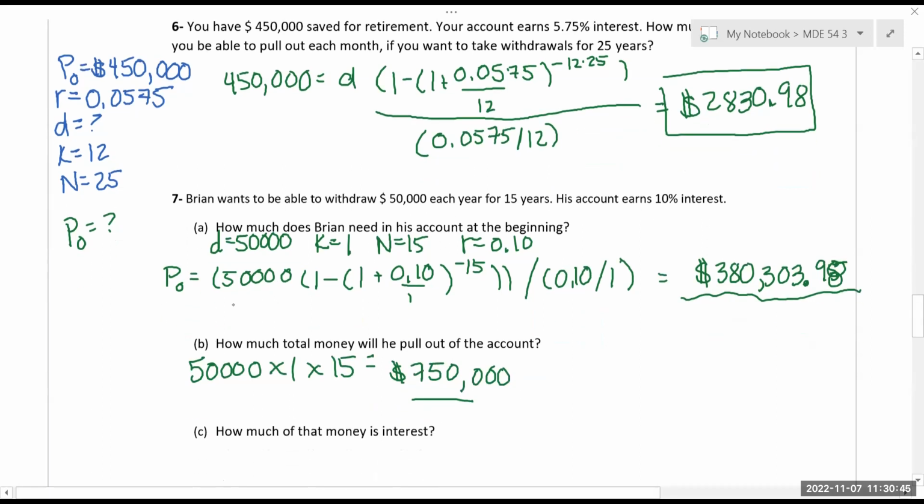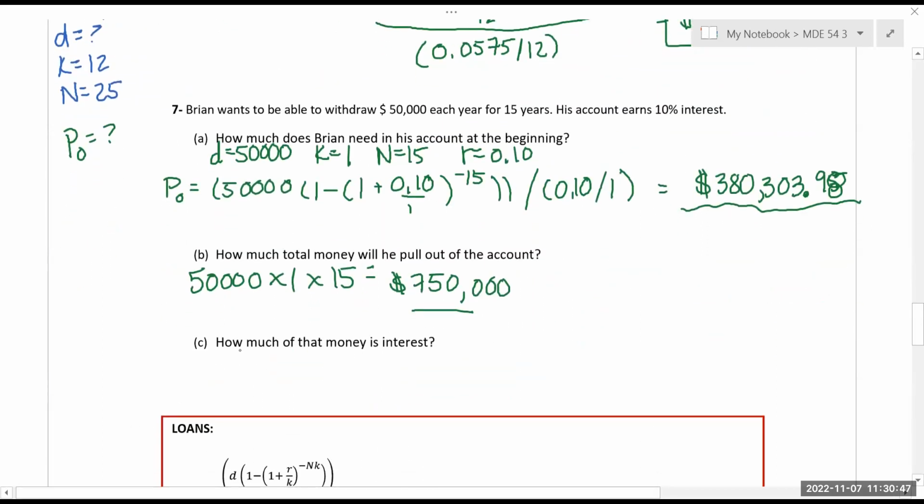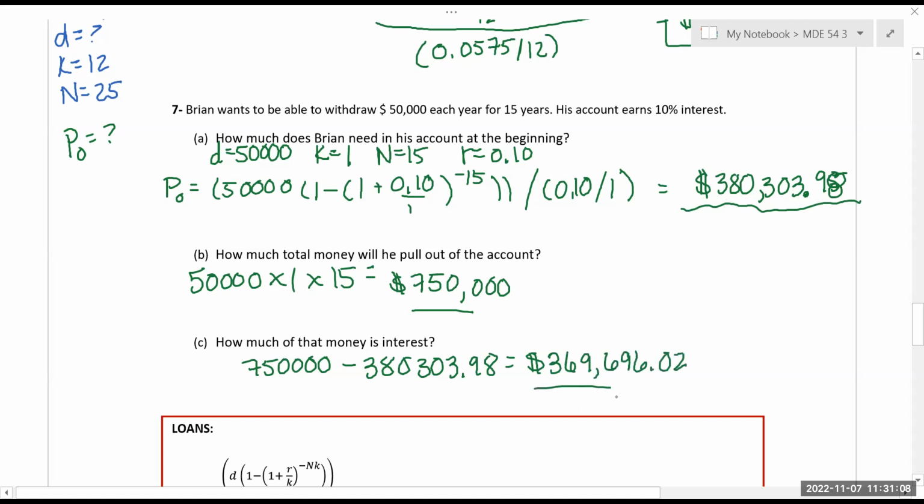So that's the cool thing about the savings annuities and the payout annuities is they keep earning interest even as you're taking money out. So the interest is going to be the difference in the two amounts, which will give me quite a hearty amount. You almost doubled it by leaving it in there to grow as you took it out. Pretty cool. All right, that ends this video for payouts.